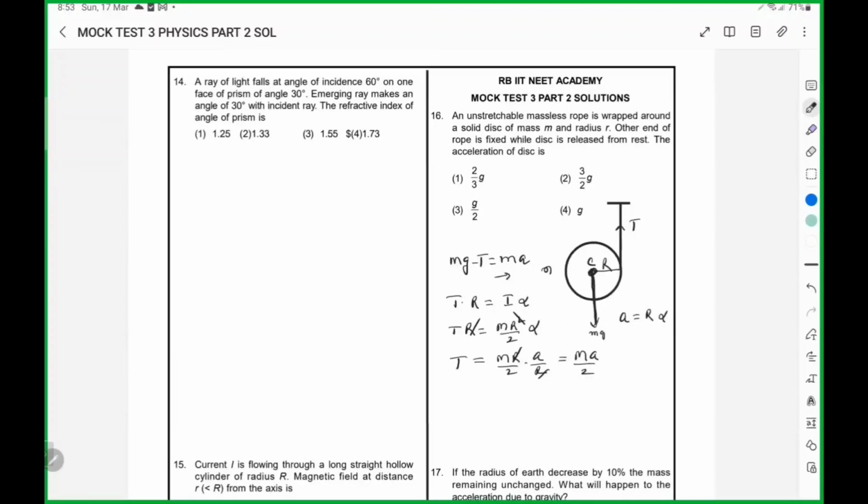Let us consider the first equation: Mg minus Ma by 2 equals Ma, so Mg is 3Ma by 2. So we get acceleration as 2g by 3.